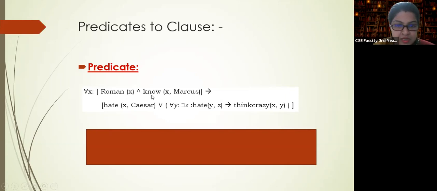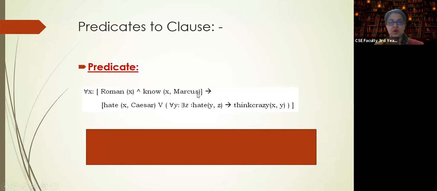Roman x and know x comma Marcus. Know means, suppose I know Neha, that means the first parameter is who knows, and the second parameter is to whom he or she knows. So for all x Roman x, all Romans should know about Marcus.